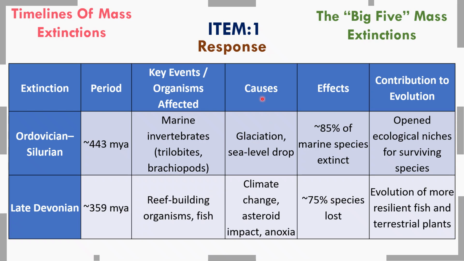The cause was climate change, asteroid impact, and anoxia. And the effect was approximately 75% of species were lost. The contribution to evolution, evolution of more resilient fish and terrestrial plants.